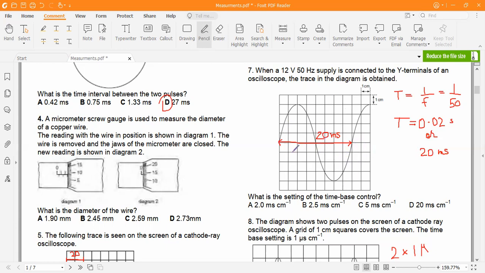So how many blocks are there in this region? 1, 2, 3, 4, 5, 6, 7, 8. So what does each block represent? If these 8 blocks represent 20 milliseconds, then the time base setting of each block is 20 over 8, which is 2.5. So our answer in this case will be 2.5.